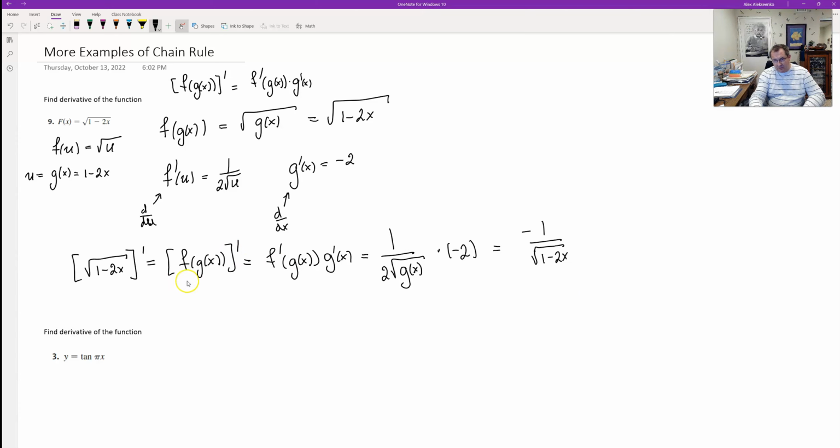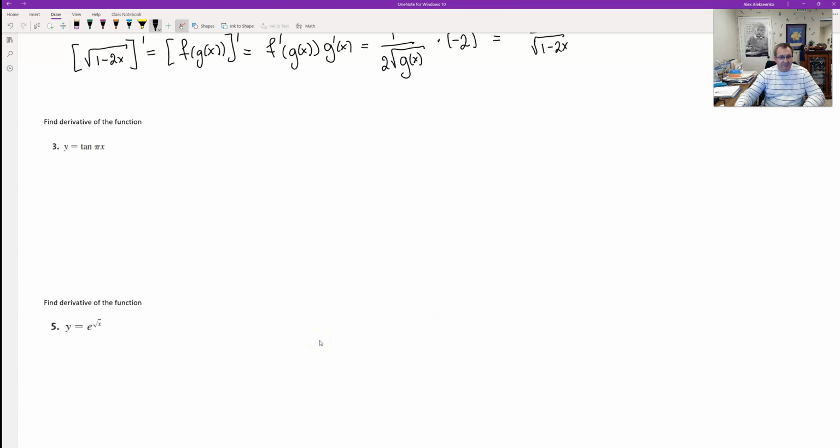For now, we do all of these intermediate steps, but in the future, you can skip most of them, if not all but the last one, and you will be able to move through this problem significantly faster. Okay, let's try another one. y equals tangent of pi times x. It's a pretty straightforward decomposition.